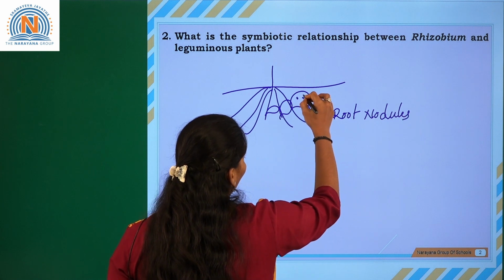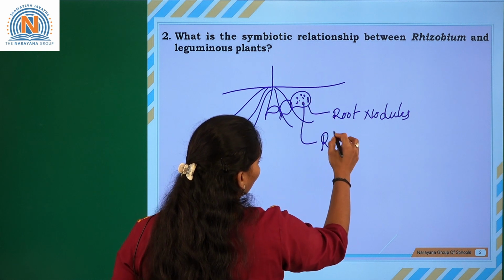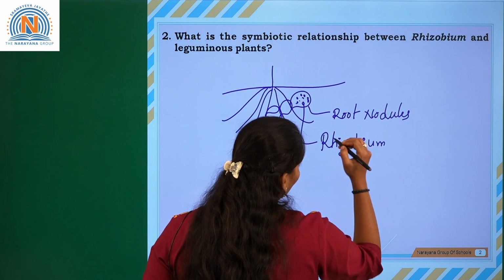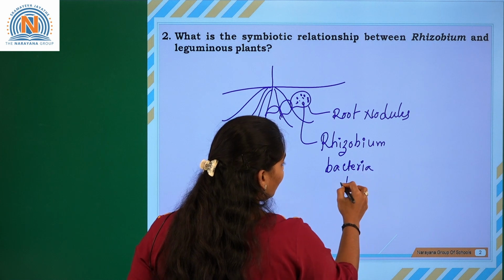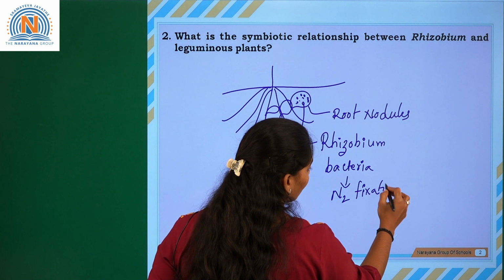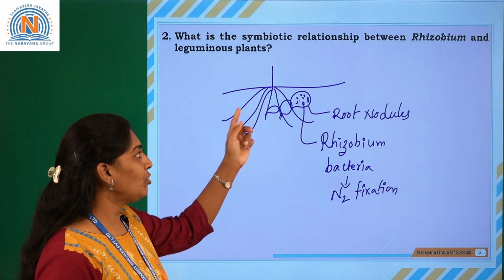The rhizobium bacteria are present in these, and they are very helpful for fixation of nitrogen, giving that nitrogen to the plant.